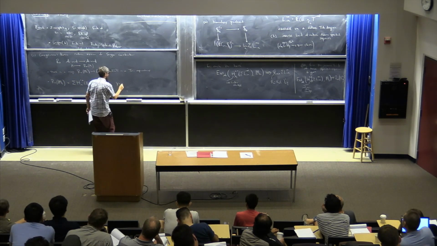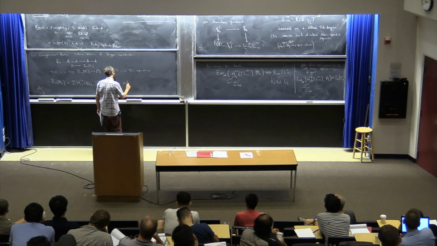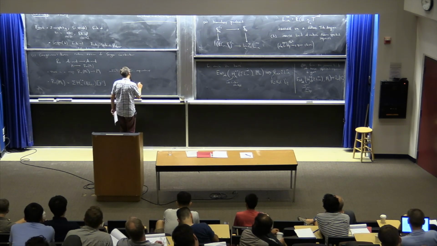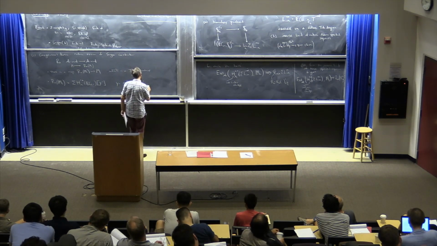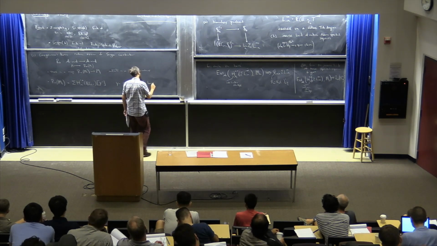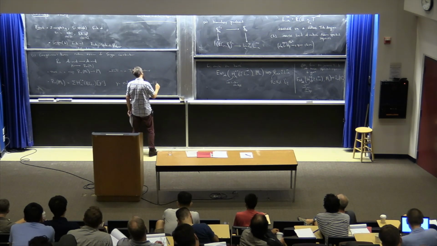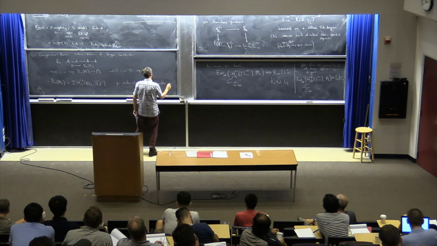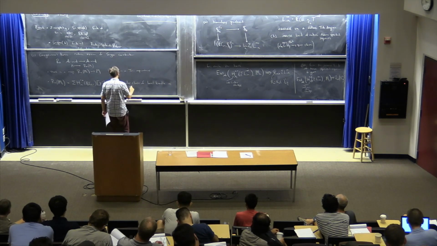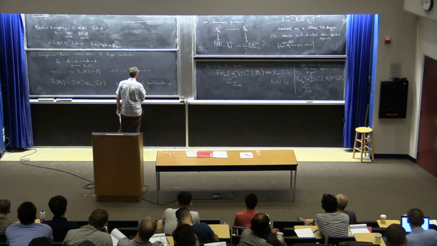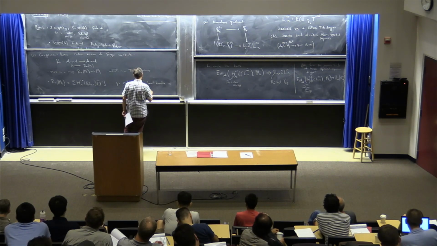So here Y is the Euler class of the line bundle on BC2 coming from the sign representation.